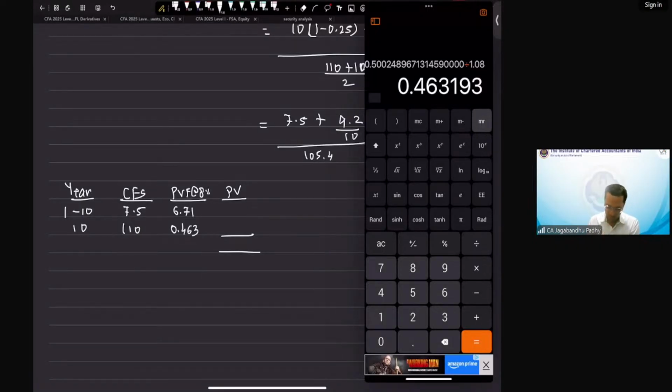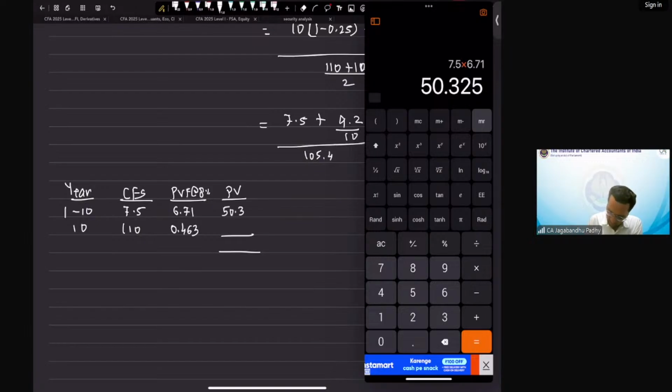463. So we can take the PV, which is 7.5 multiplied by 6.71, is 50.33, and 110 into 0.463, which is 50.93.